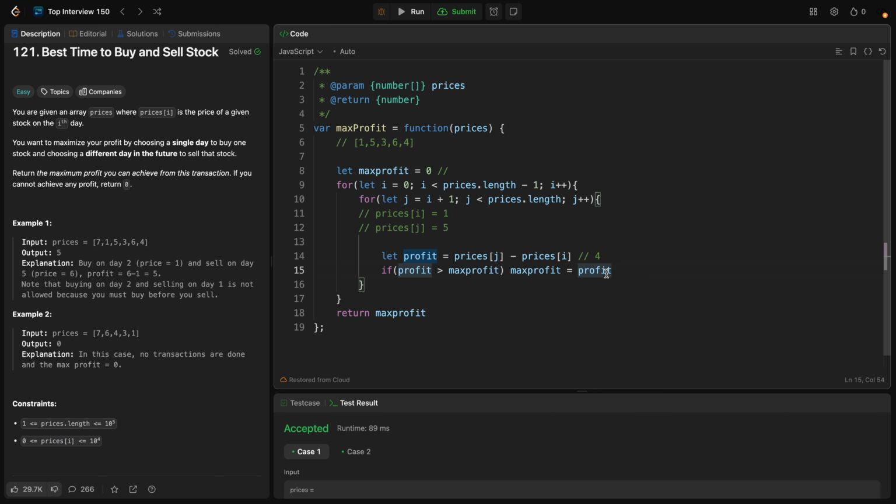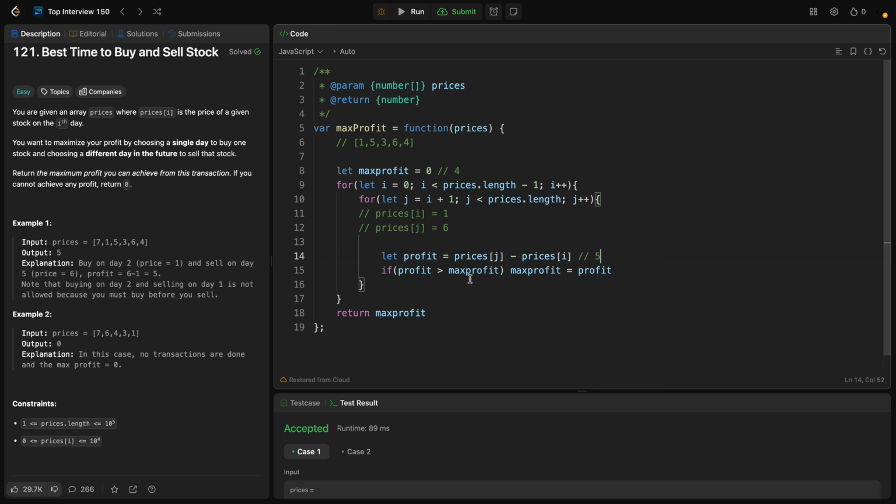So I will have 1 and 3, and the profit will be 2. If profit is bigger than max profit, this is not true. So I'll continue looping. I will have J equals 6, and if 1 and 6, the profit will be 5.